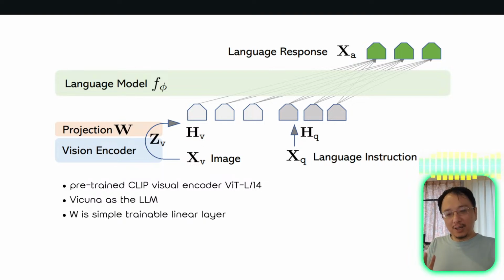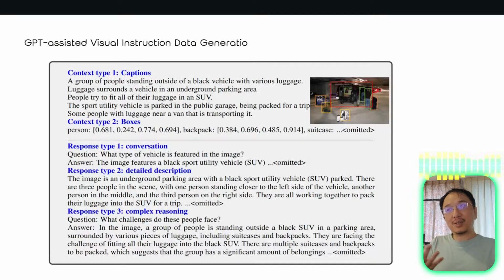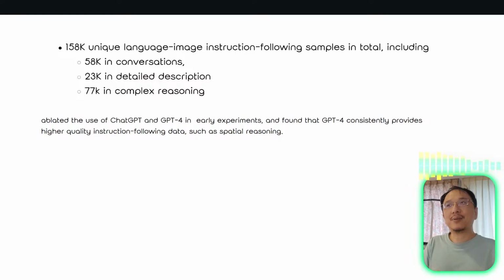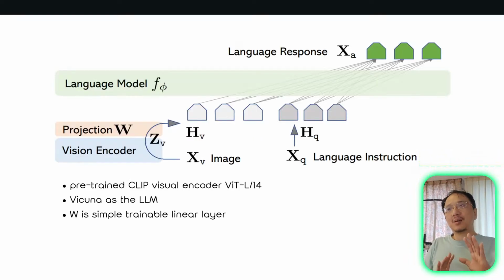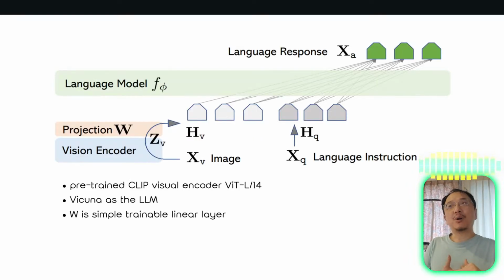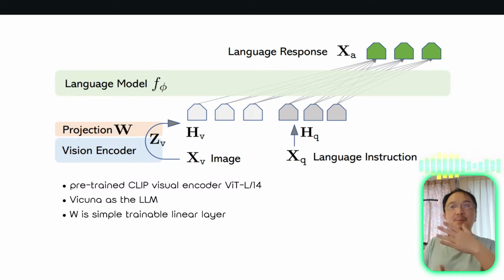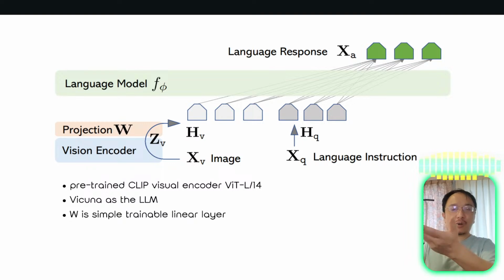So I say the core contribution is just the dataset construction. They use GPT to construct the dataset. But I actually like the approach of using a very baseline model first. At least they actually call it baseline.